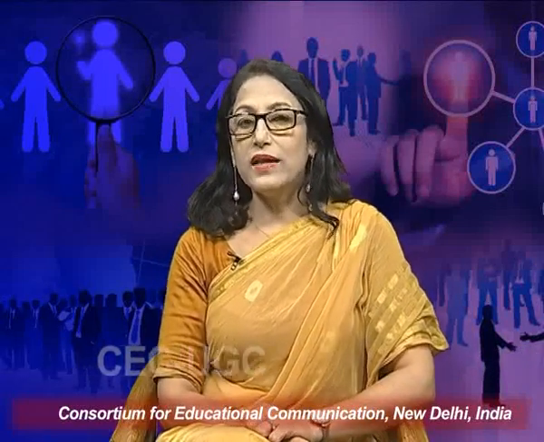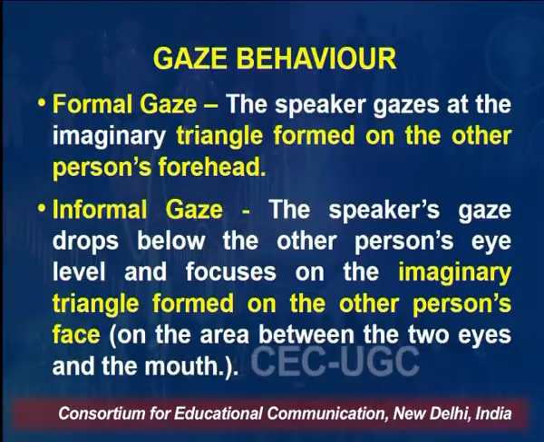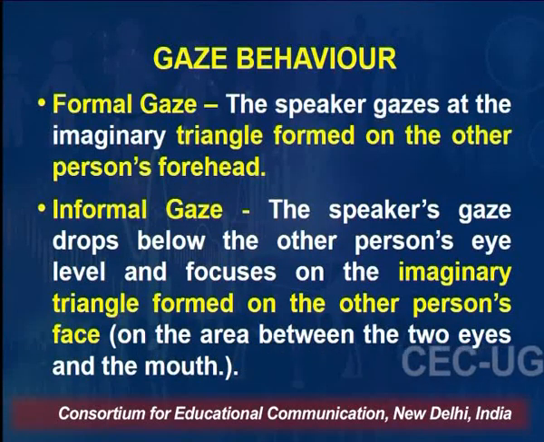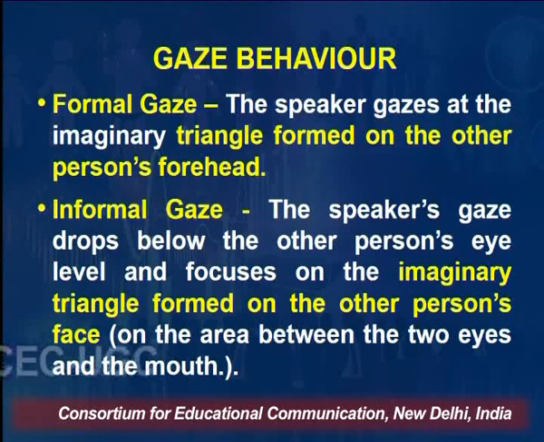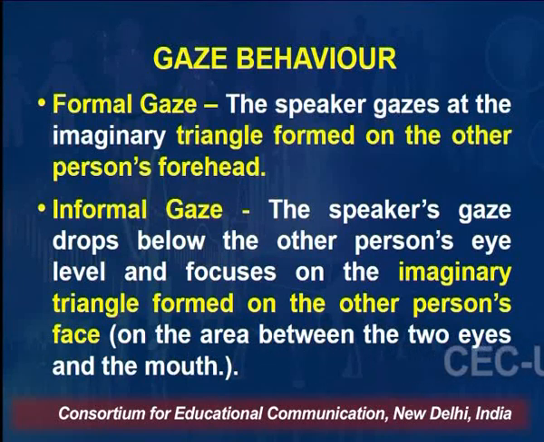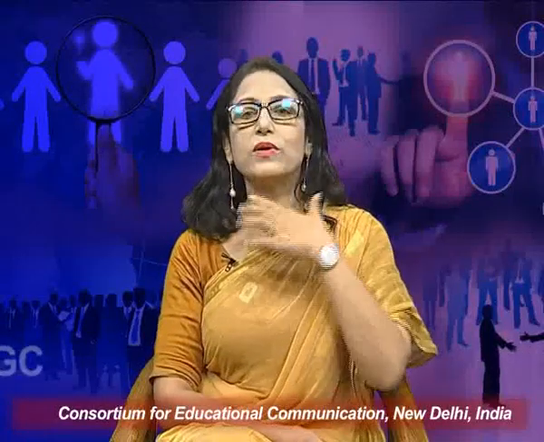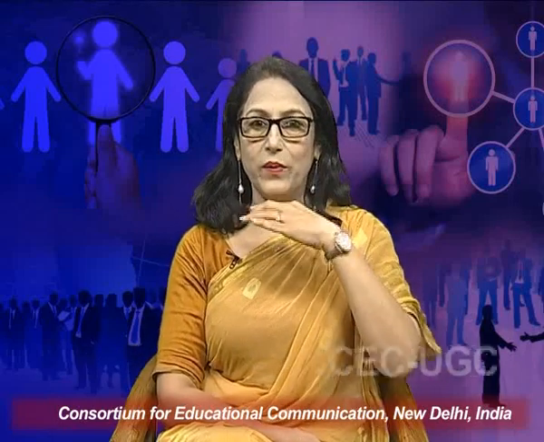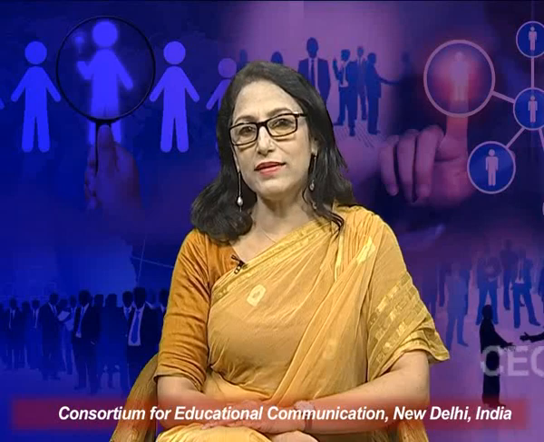Then the informal gaze. If the speaker looks at the area below eye level, so a triangle is forming somewhere at the face, at the nose, mouth or neck, but below the eyes, not at this area but a little below, that is informal gaze.